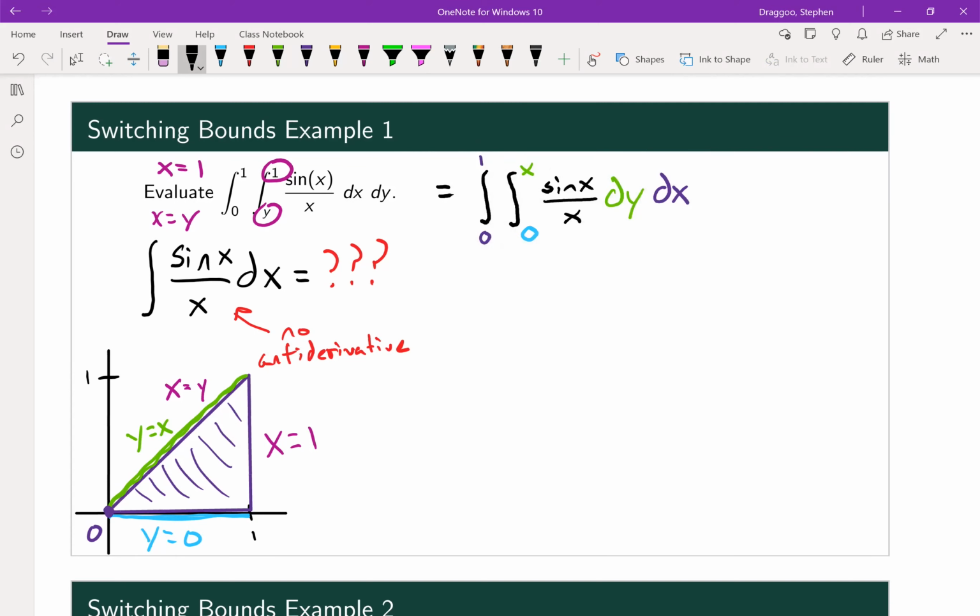So if we do that first integral with respect to y, we'll leave the x part alone for right now. The inside really isn't so bad. We'll get sine x over x times y, and we evaluate from 0 to x.